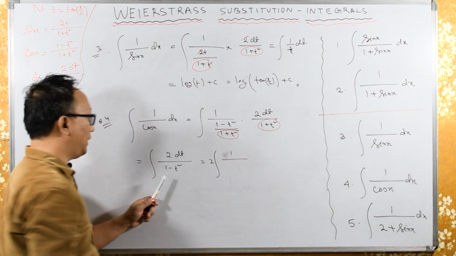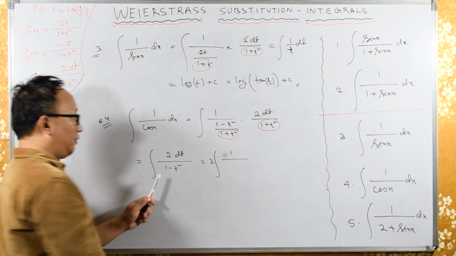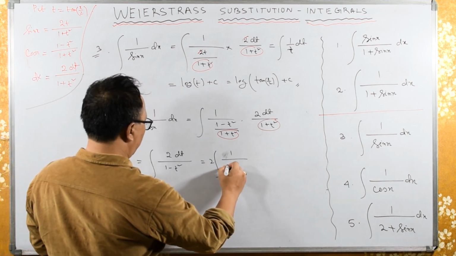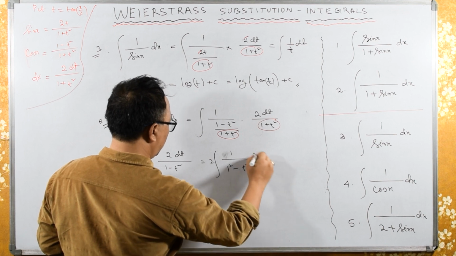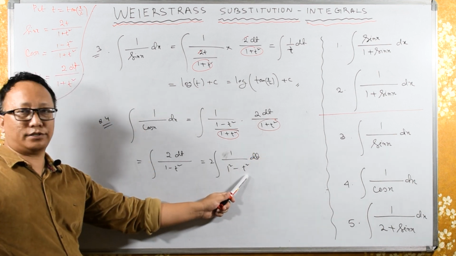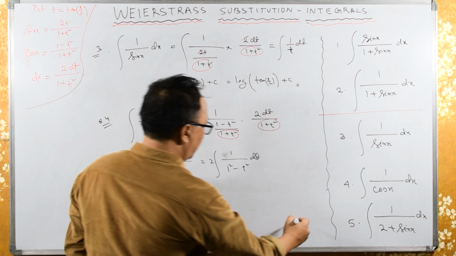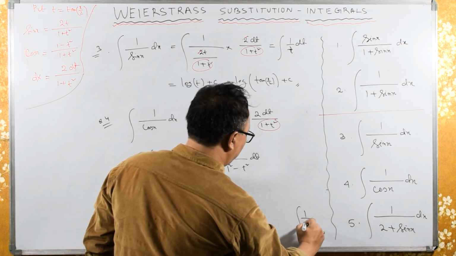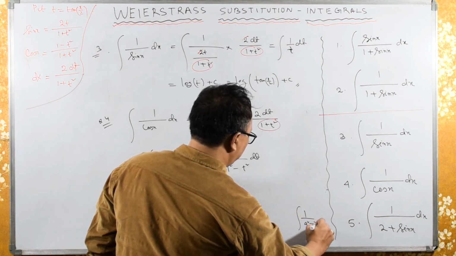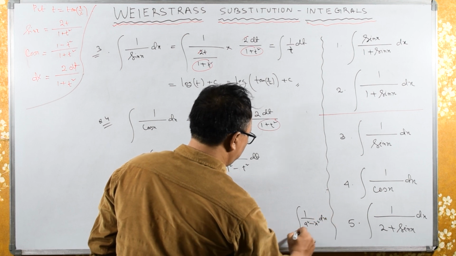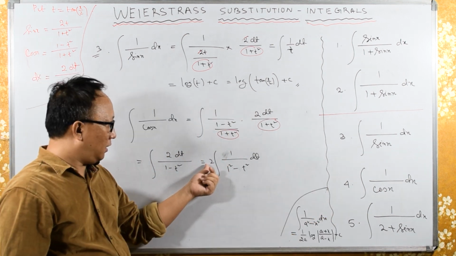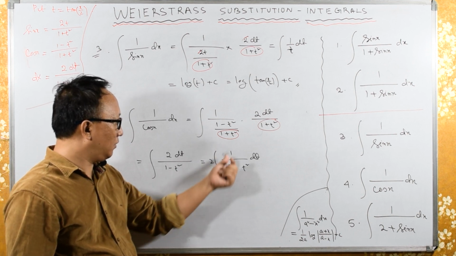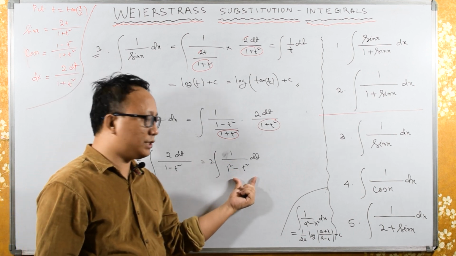Here we have a square minus x square integral formula. We have integral of 1 upon a square minus x square dx. You can use this formula. This is 2 times integral 1 upon 1 square minus t square.